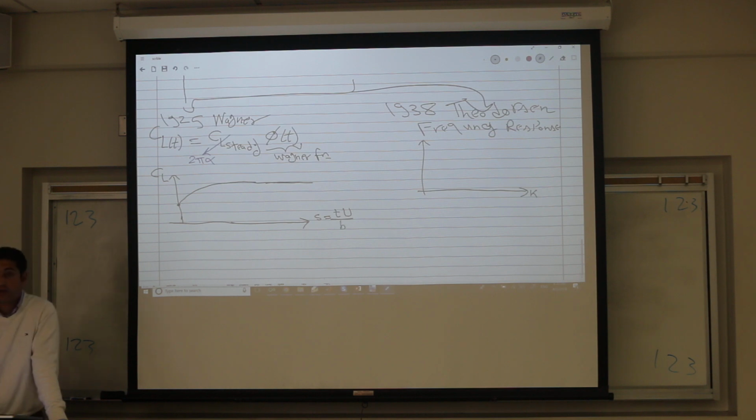Half chord we're going to denote by B. Okay, so B is C over 2. So here, you reach steady state in how much time? This is around 6 to 8 Bs, which is 3 to 4 chord lengths.